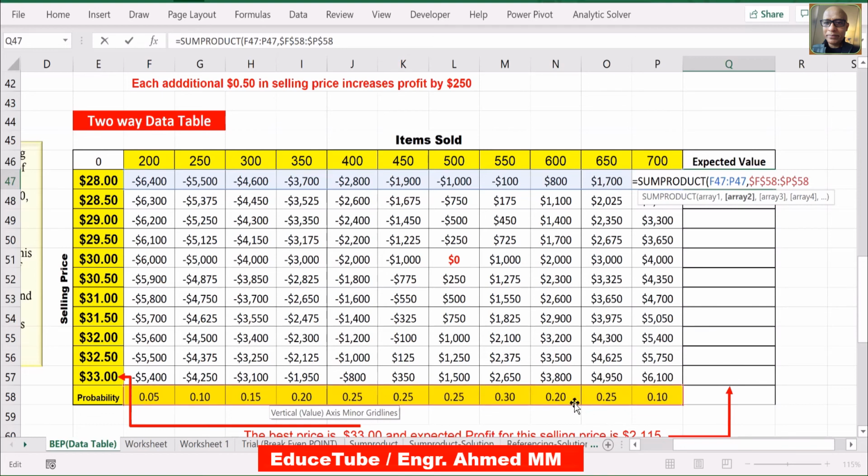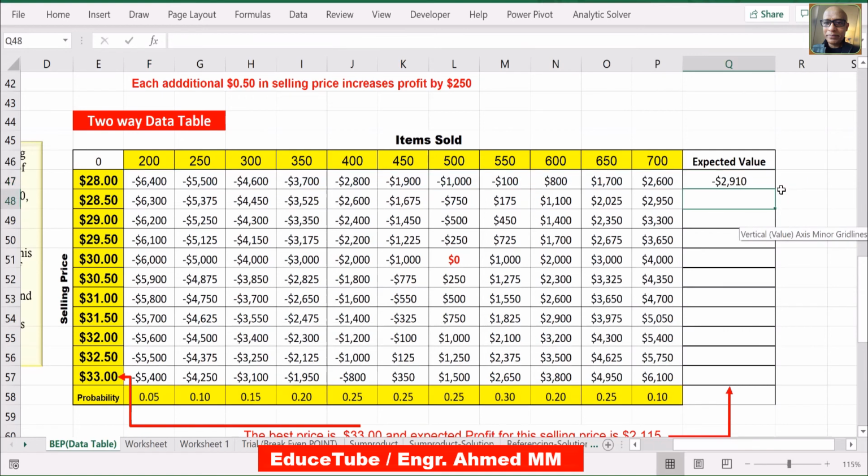So this will be used for all these rows. So now close it. It is closed. Press enter. Values are generated.